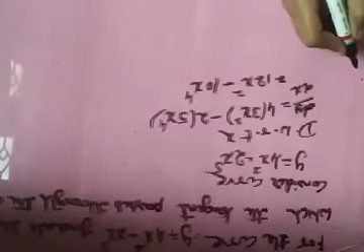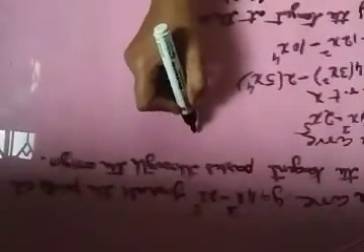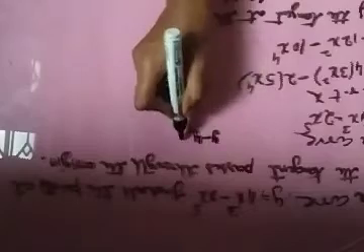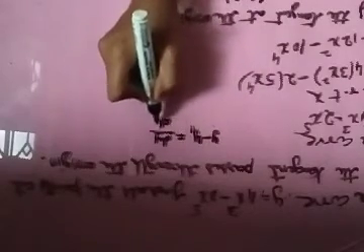Let us take the equation of the tangent at the origin. What are the origin coordinates? Origin coordinates will always be 0, 0. Take it as x1 and y1. So the equation of tangent is always given by y minus y1 is equal to dy by dx into x minus x1, at 0, 0.